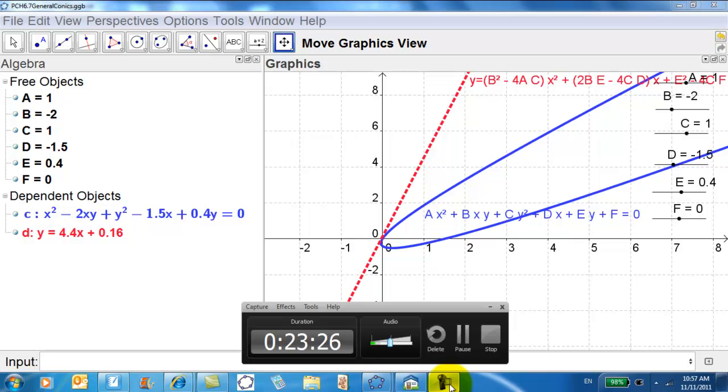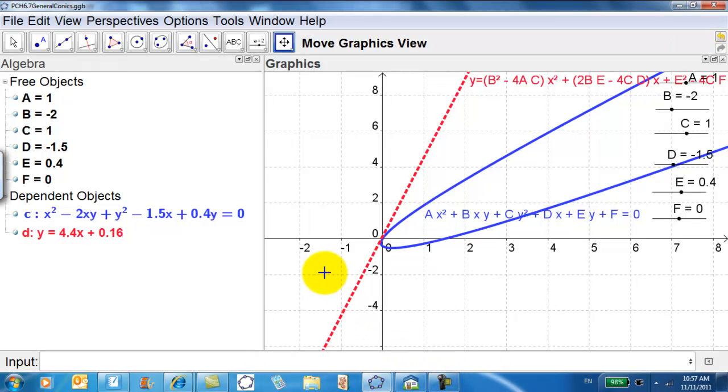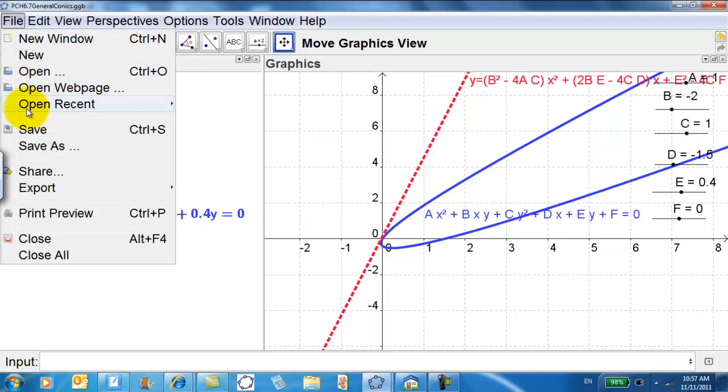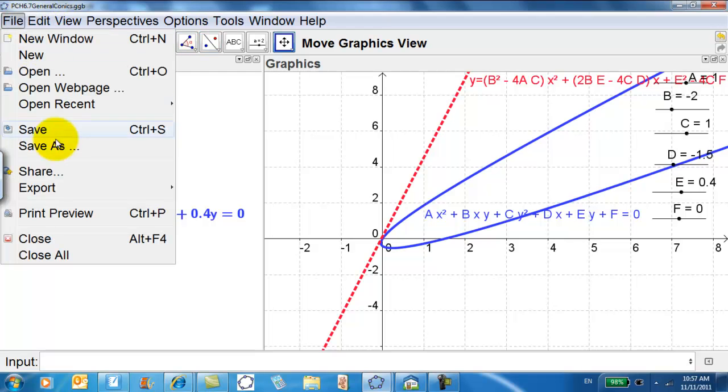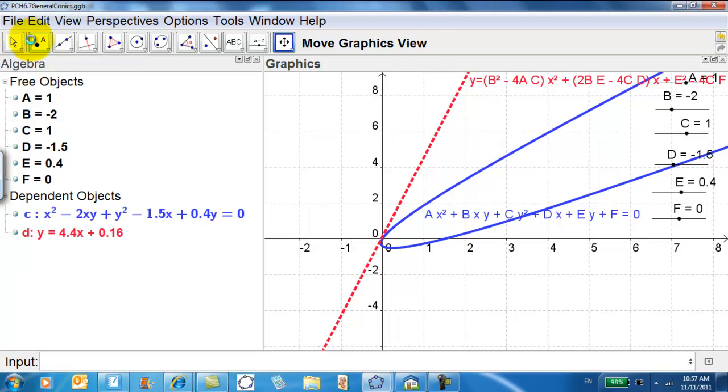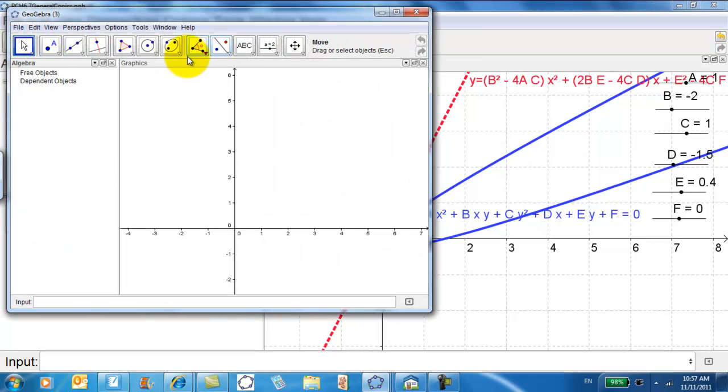Okay, let's finish up with kind of a cool demonstration you can do with the 5-point generator. I hope you can have some fun with this, making all sorts of different shapes very quickly, with GeoGebra. And let's go to the 5-point generator.